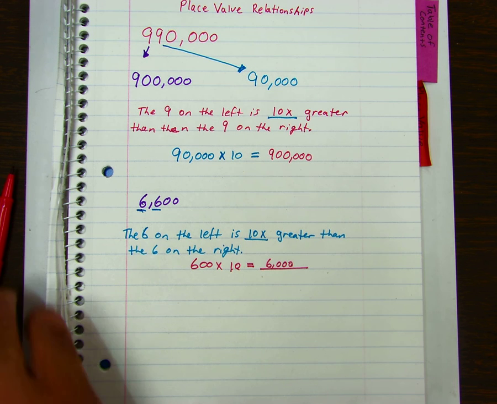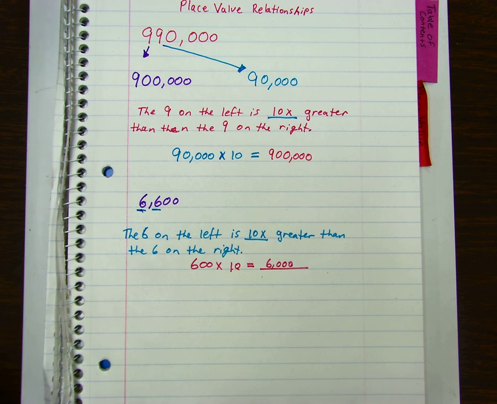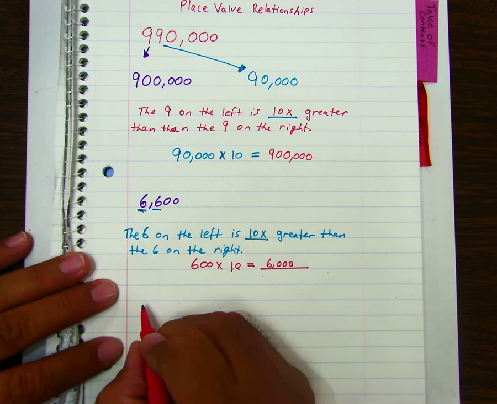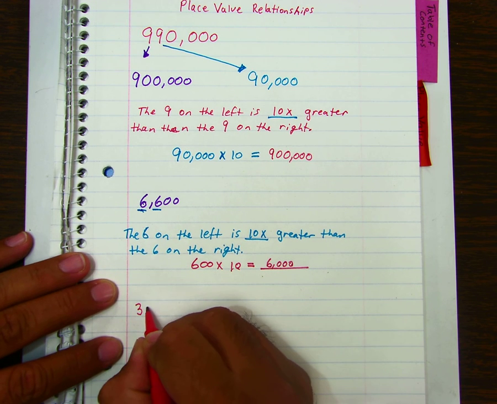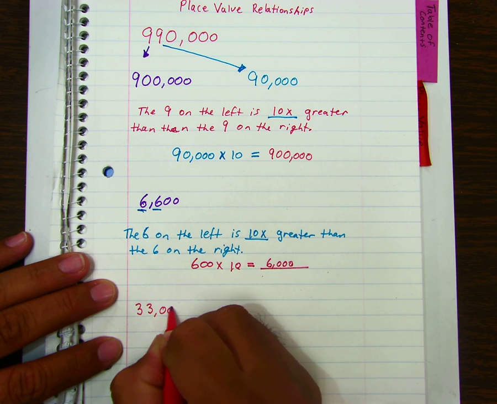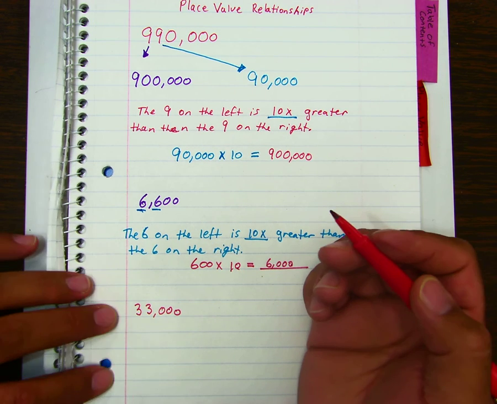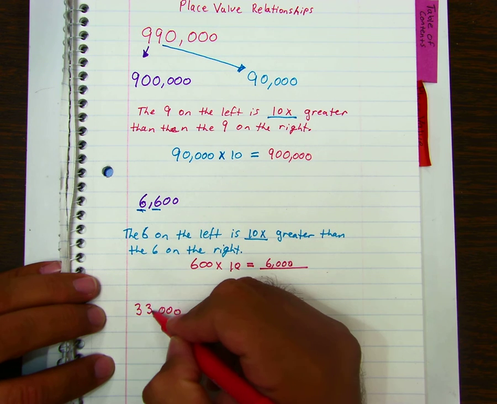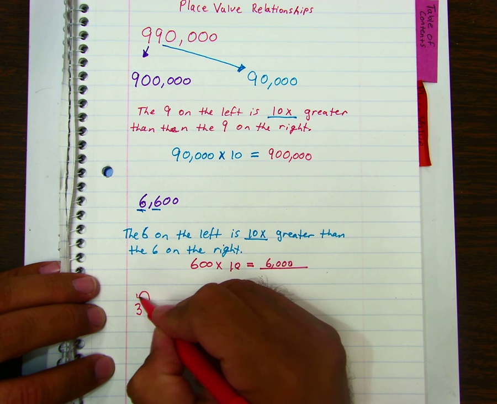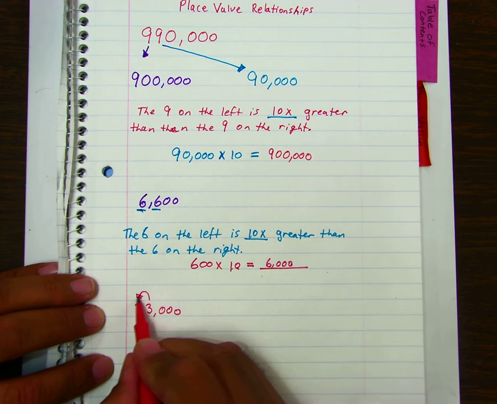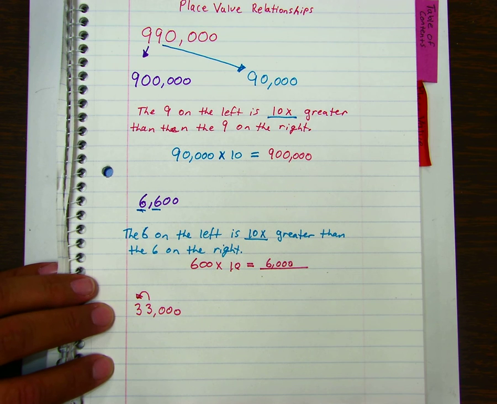Now, a question that I have for you: what's going to happen if we take, let's say, 33,000, and I ask what is the relationship of the 3 in the thousands place compared to the 3 in the 10,000s place?